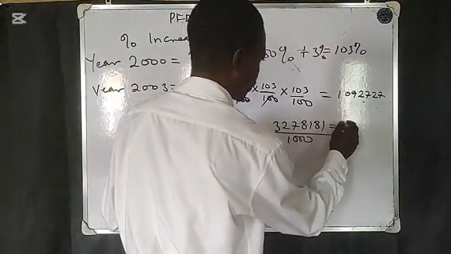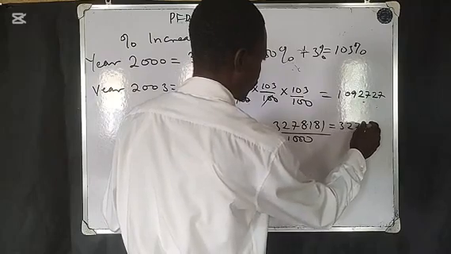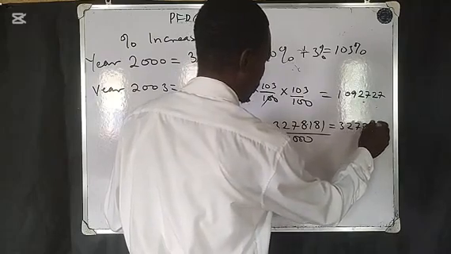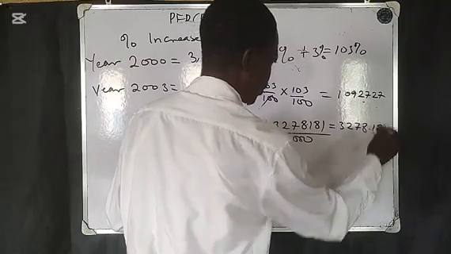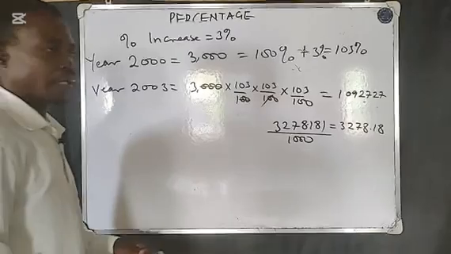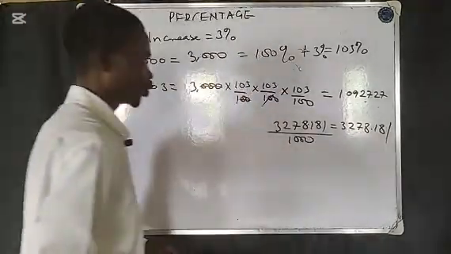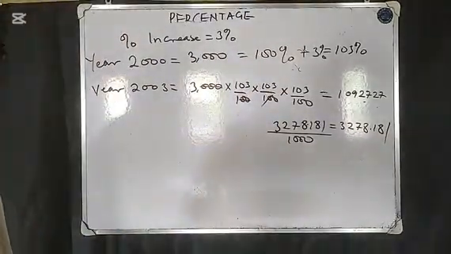So we have 3,278, point 181. Is it not so? 181, right? That is going to be the final answer.